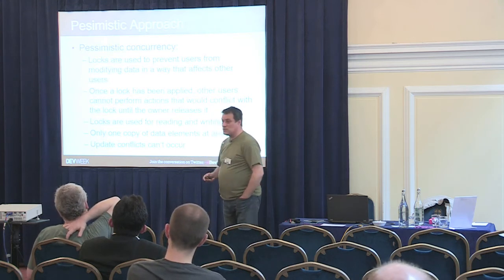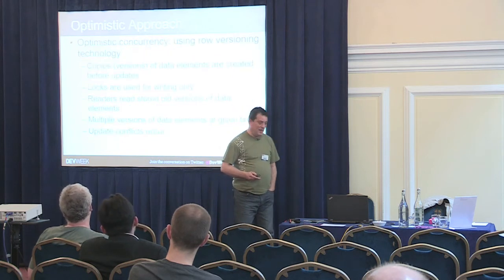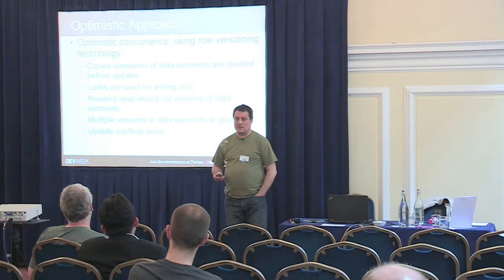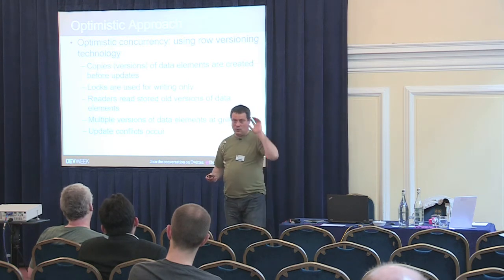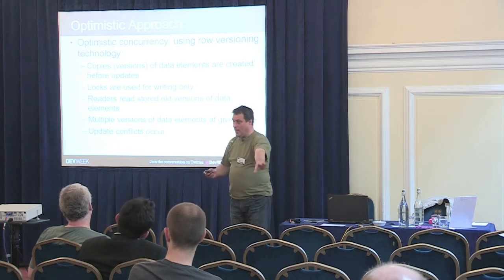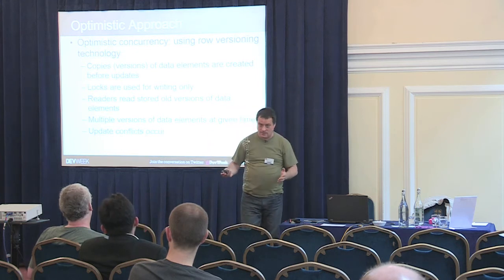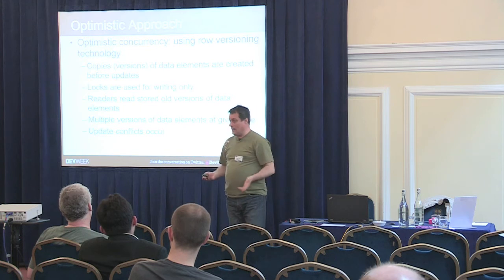Maybe it's simpler to start with optimistic and define what optimistic means. Optimistic means that you have multiple copies of data at the same time. So you have your source data and you make a copy of this data either inside SQL Server, or on the middle tier, or on the client side.